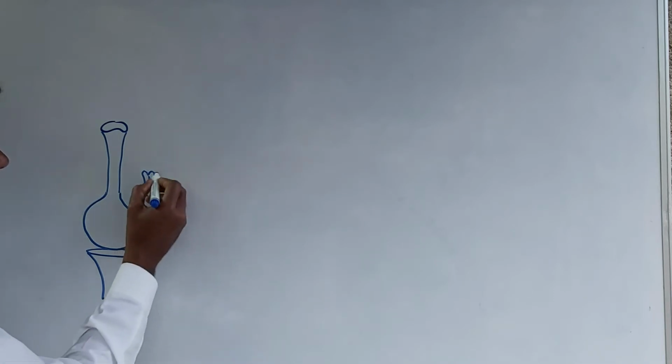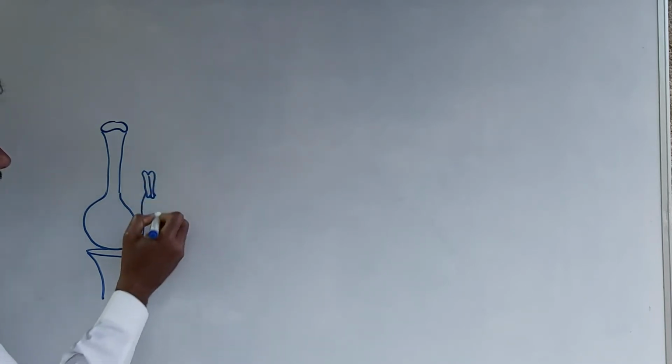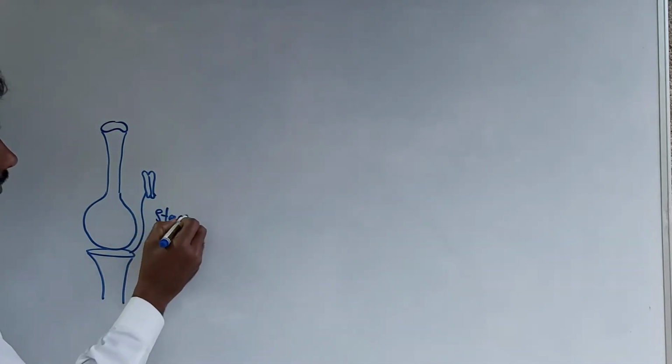Very young anther. This is also called the stamen, also called microsporophyll, containing a microsporangium.